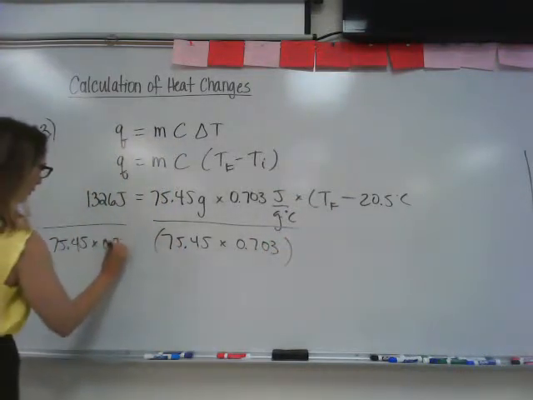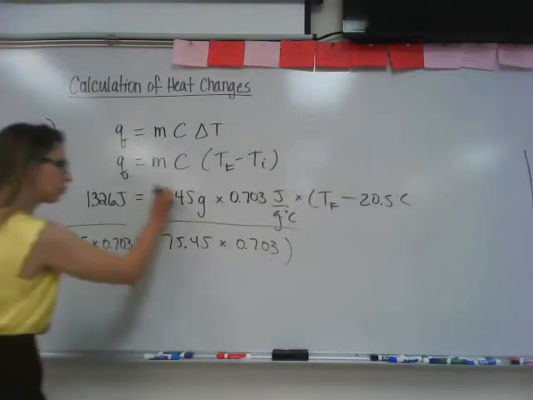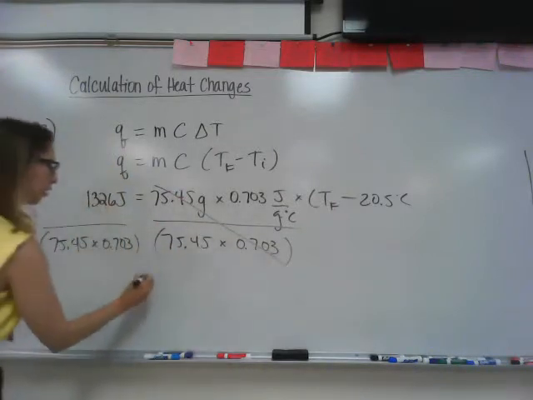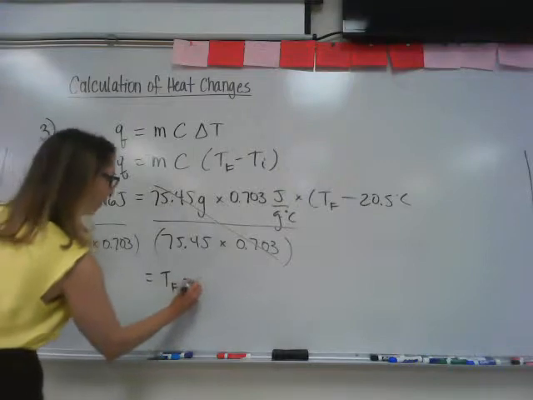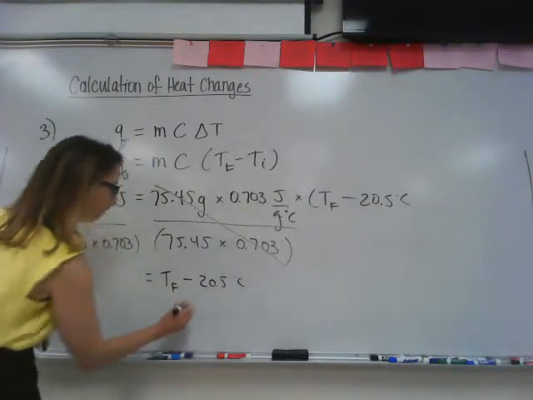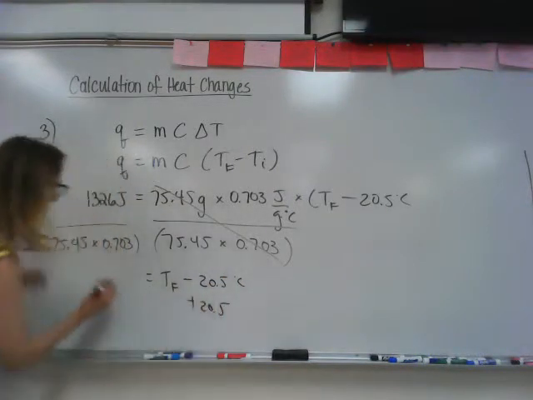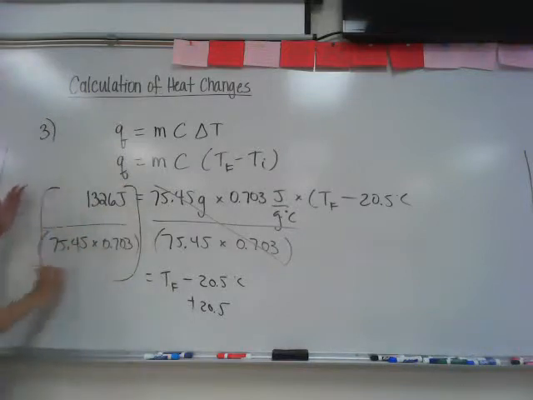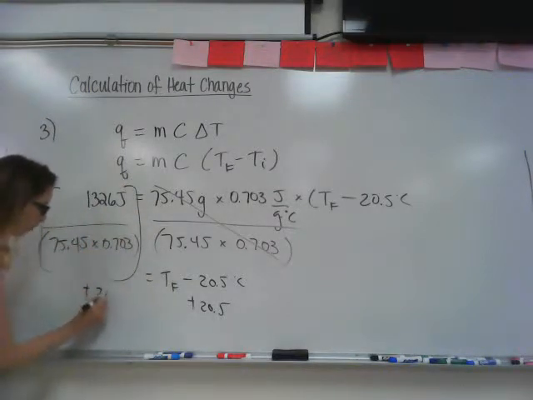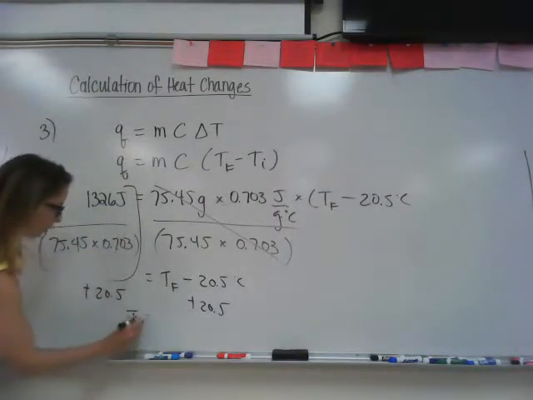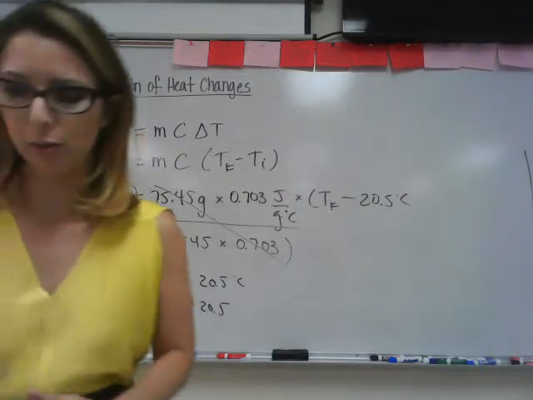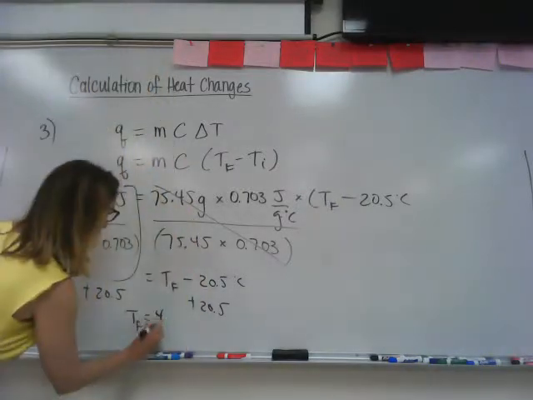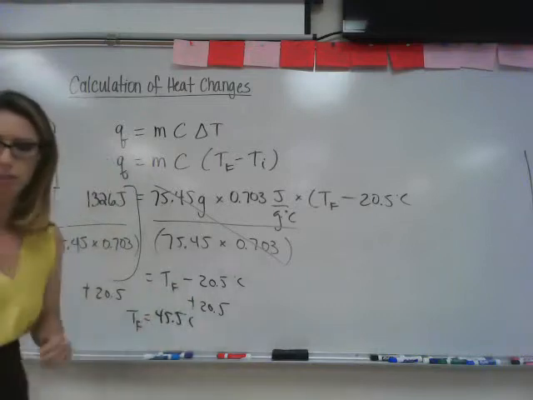I'm just going to leave the units out for simplicity purposes. Whatever you get here equals T final minus 20.5. Then add 20.5 to whatever you get for this quantity. And that's how you get your T final, which is going to be 45.5 degrees Celsius.